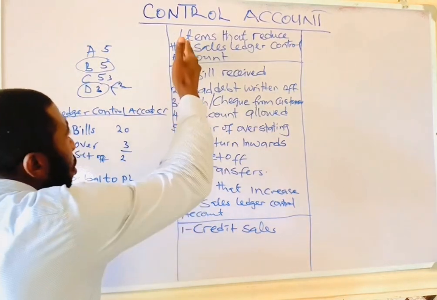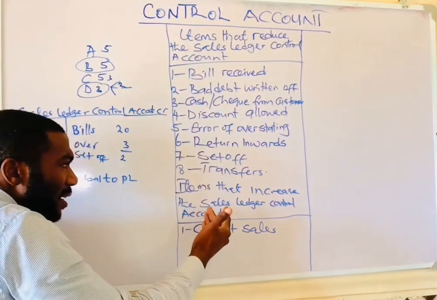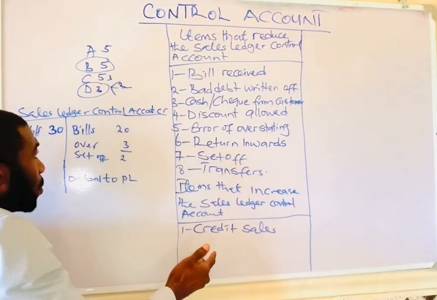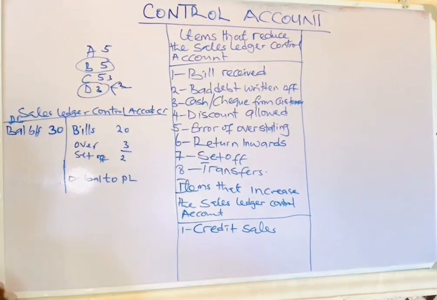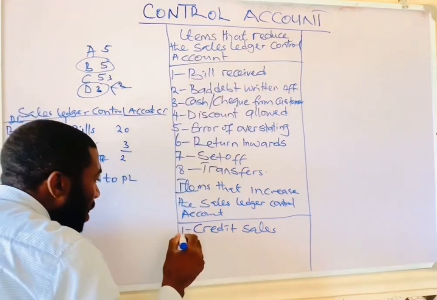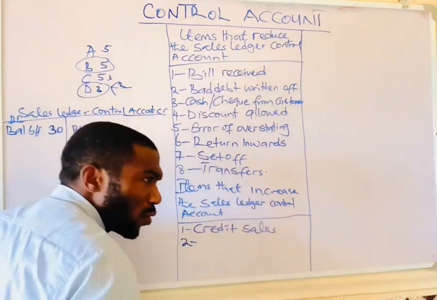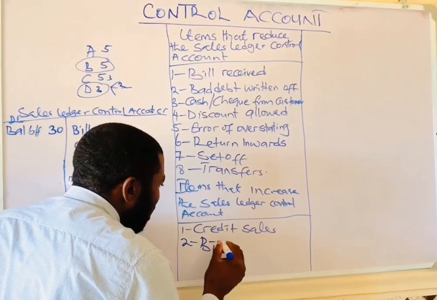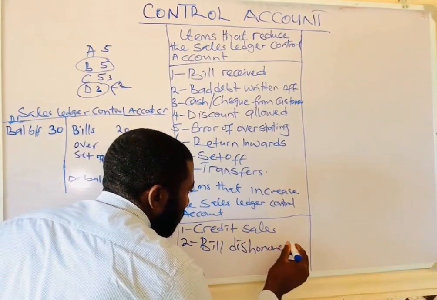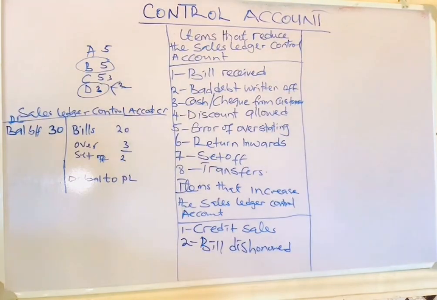Now, the opposite of all this will add to your balance. Simple as that. When a bill is received and the bill is dishonored, the bill dishonored will add to your balance. All the opposite of this.